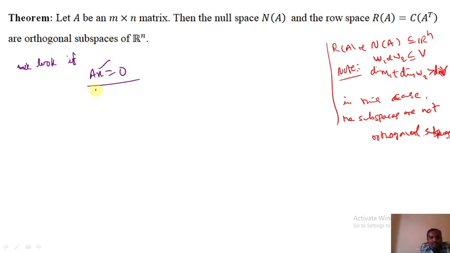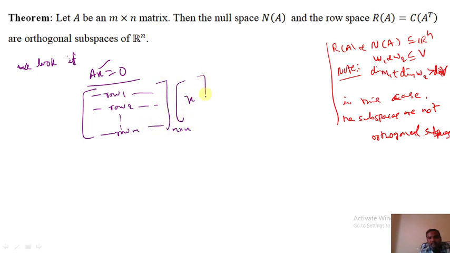Write the rows: row 1, row 2, up to row m, because it is an m by n matrix, and you get the x vector equal to 0.